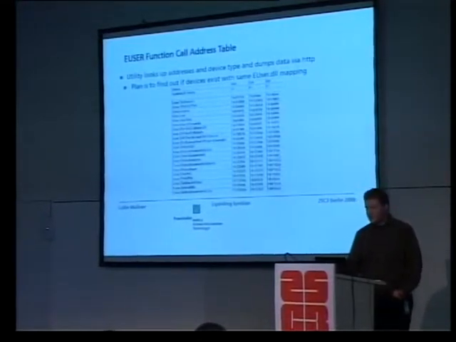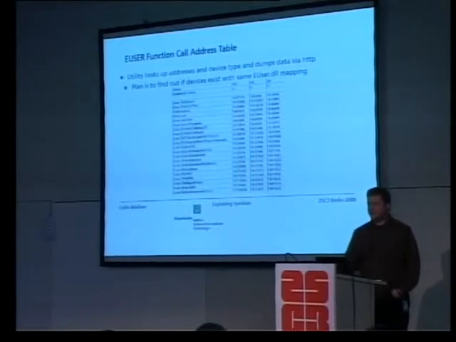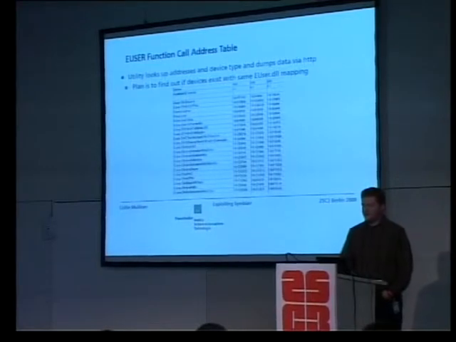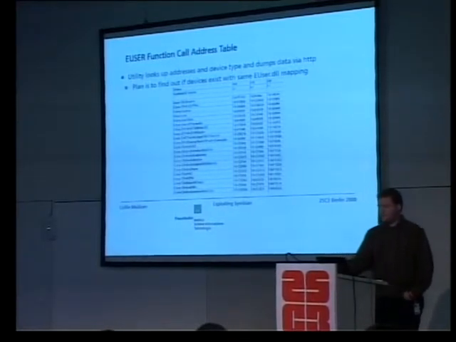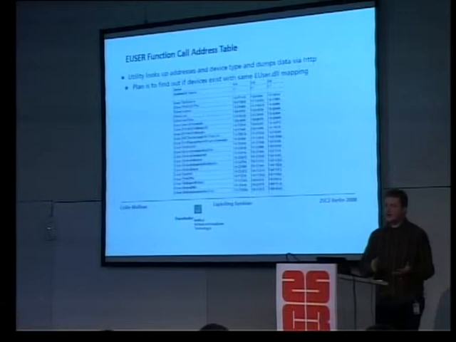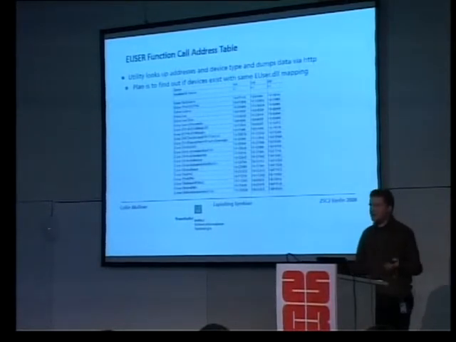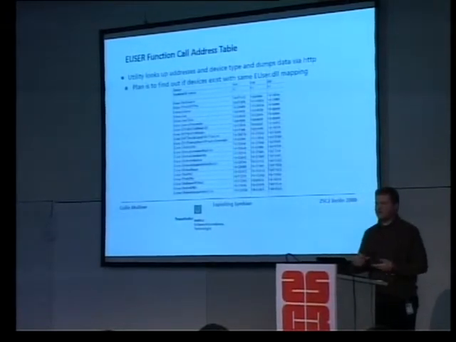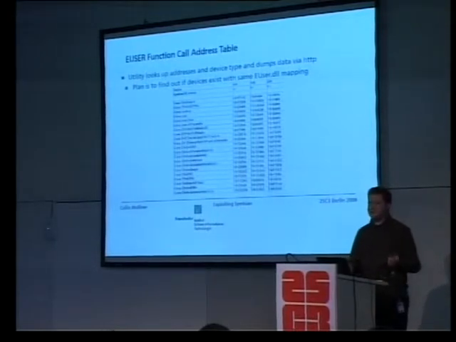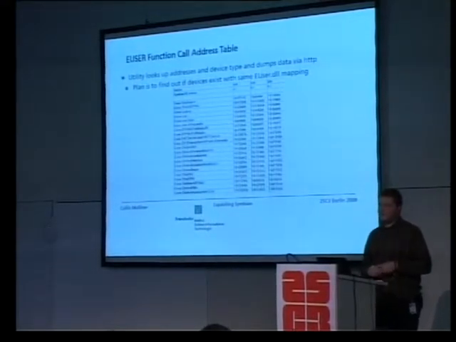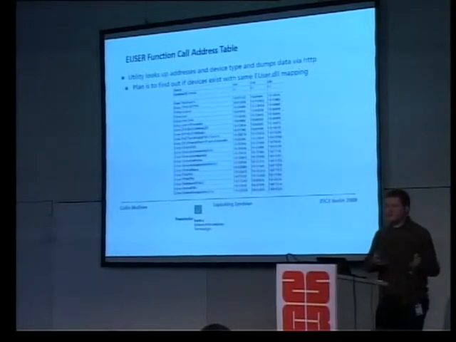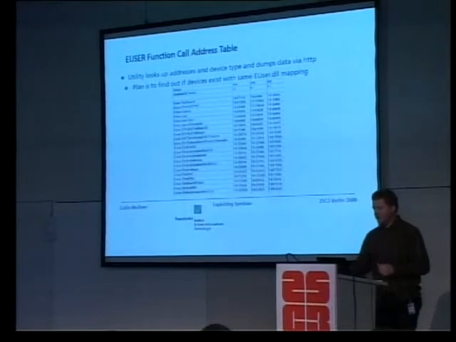I never found two device types which actually have the same mapping. Still, the offsets within the libraries are the same. You can see that the address difference between two function calls is the same, they're just mapped at another address. So that doesn't matter too much.